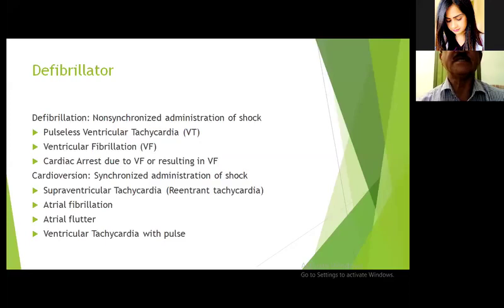The other, unstable VT, is an indication for defibrillation. Pulseless ventricular tachycardia is an indication for defibrillation, and ventricular tachycardia with a pulse is an indication for cardioversion.